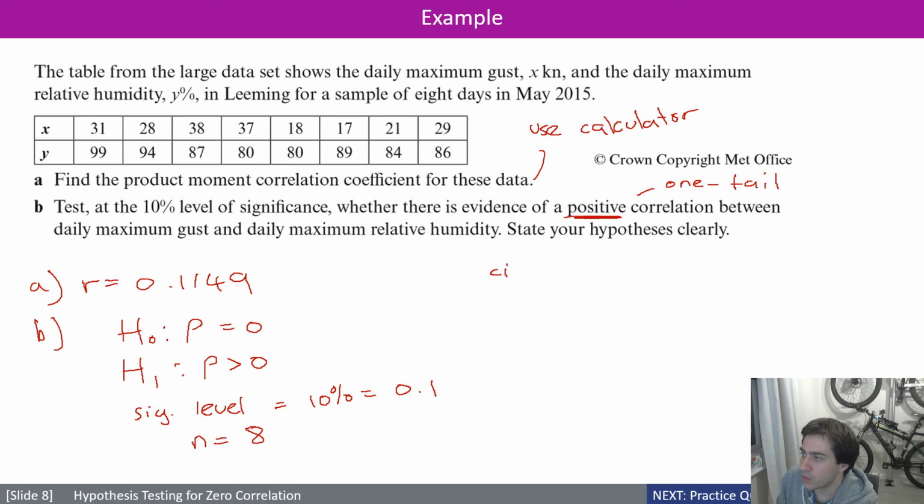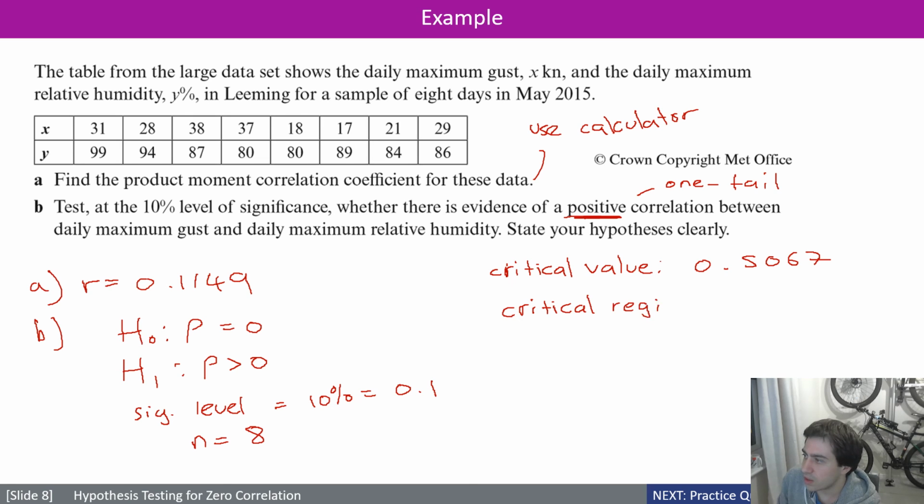So then from that we get a critical value, and now we have to go to the table in the formula book and we look up, right, significance level 0.1, N equals 8, what value do I get? And apparently it's 0.5067.